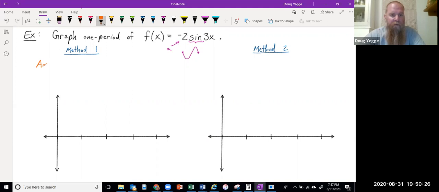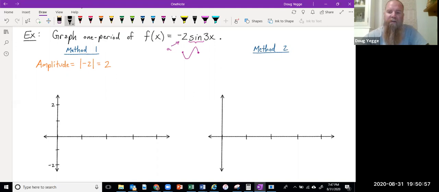The amplitude is always going to be positive. So the amplitude is nothing more than the absolute value of -2, and so the amplitude is 2. And what that means is that from the midline, assuming that this graph hasn't shifted up or down any, I know that it's going to be going up 2 units to 2, but it's also going to be going down 2 units to -2.